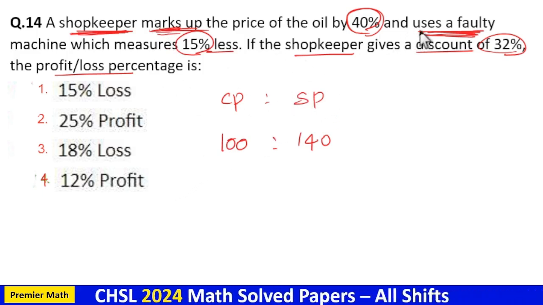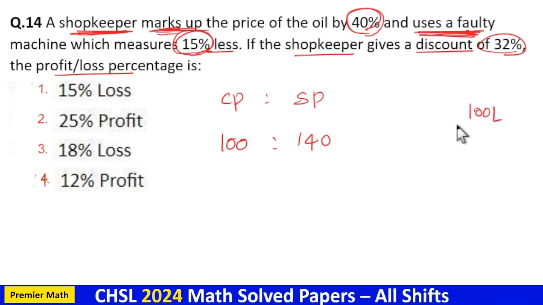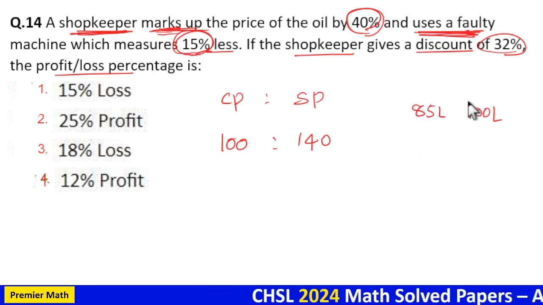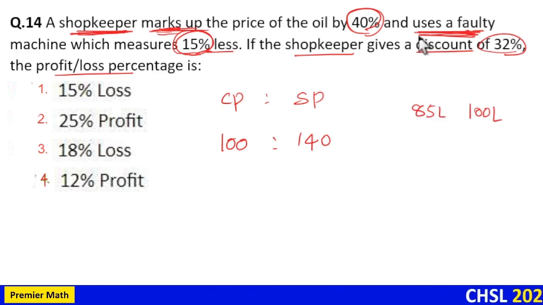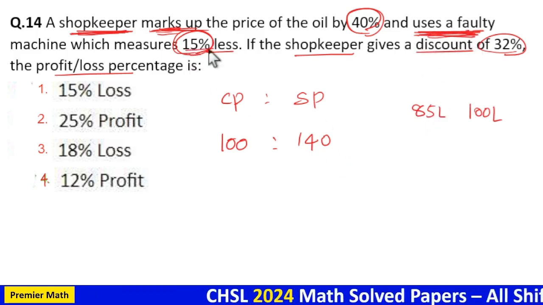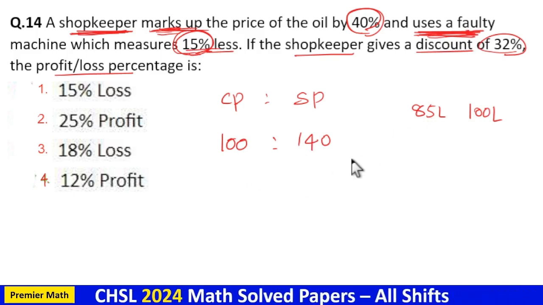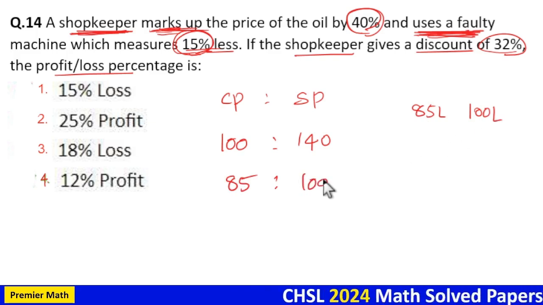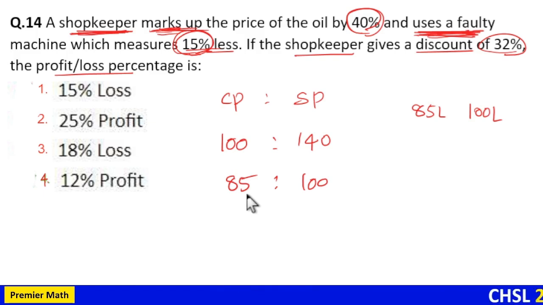Now he uses a faulty machine which measures 15% less, which means if the customer asks for 100 liters, this faulty machine only gives 85 liters. The customer thinks he gets 100 liters, but he only gets 85 liters. Now the shopkeeper only costs 85 liters price, but he gets 100 liters price, because the customer pays 100 liters price, but he only gives 85 liters.